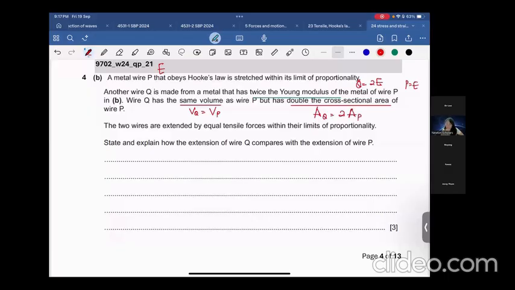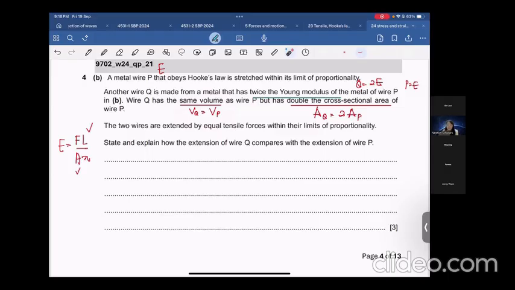Now I have one question. Because now we're talking about the Young modulus, FL over Ax, right? So area, length. If these two wires have the same volume, what happens to the length of wire Q?